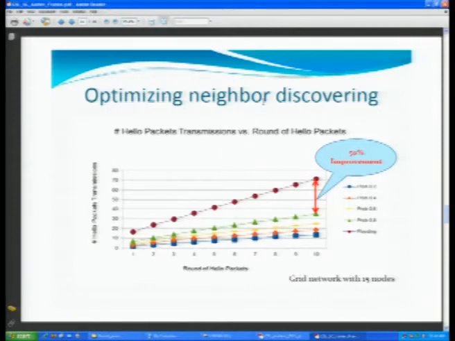The hello packets are transmitted 2 hops away, so if I transmit my information, just my neighbors retransmit and nobody else. Here it is cumulative, by round of hello packets. So the improvement is big.